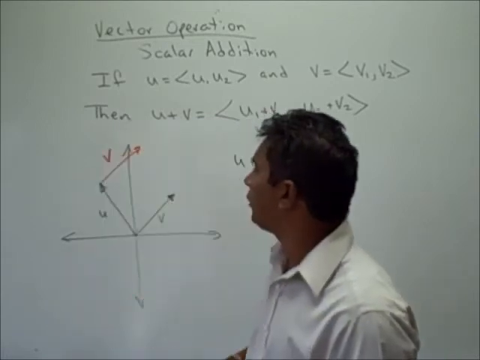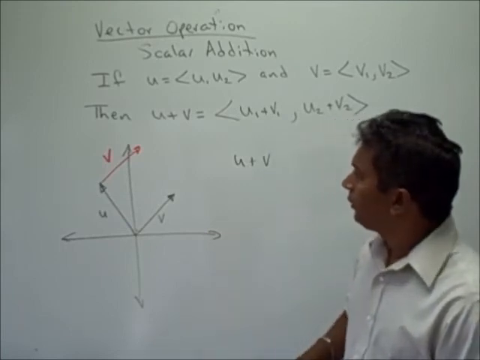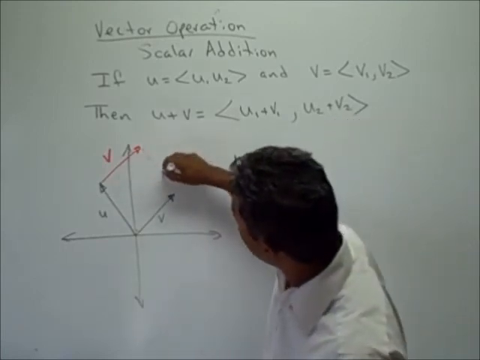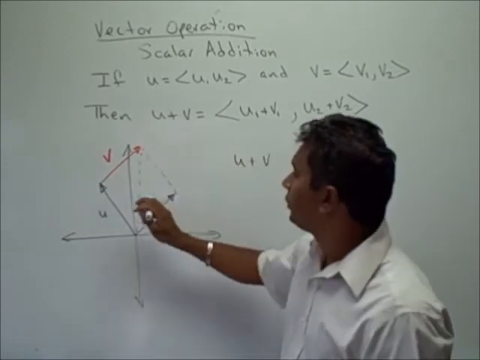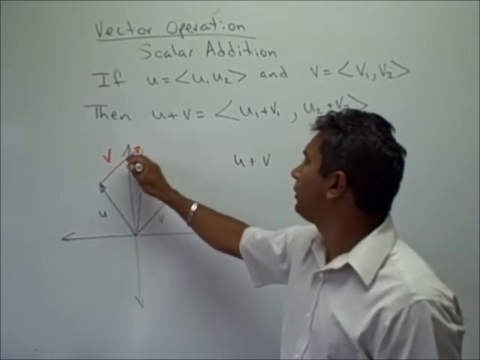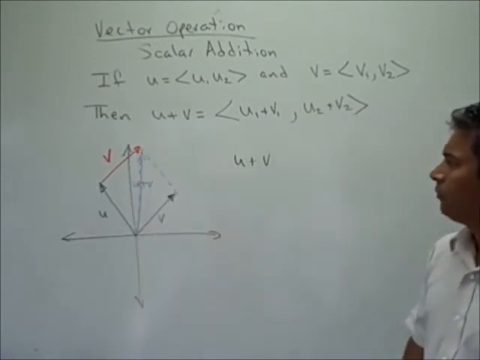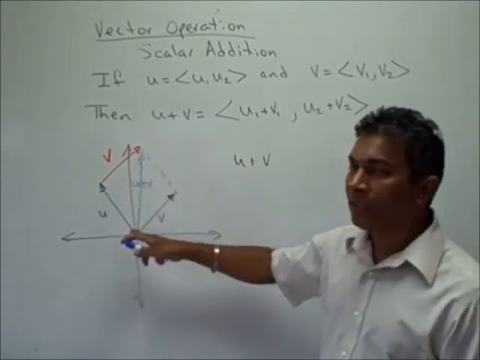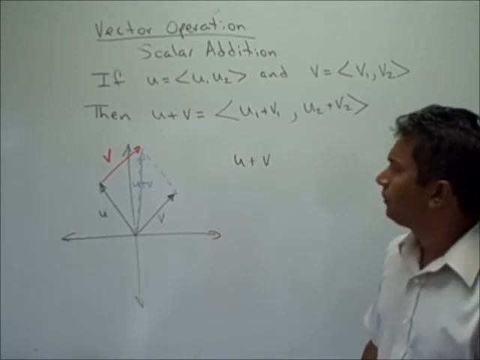So here this would be our v. To find u plus v, it's the equivalent of drawing the diagonal of our parallelogram. So here, this piece right here would be u plus v. Now this diagonal here is also known as the resultant of our vector addition.